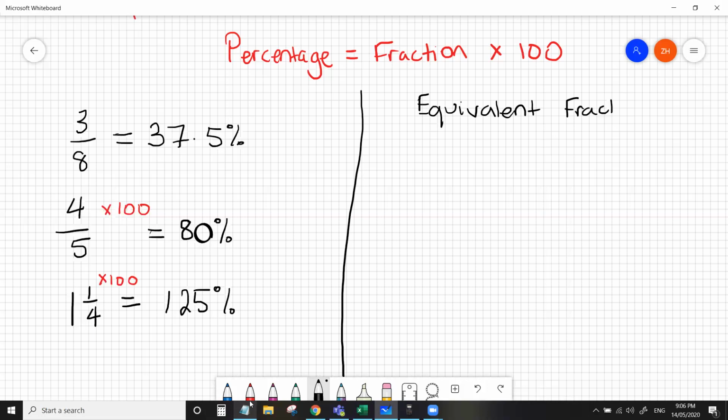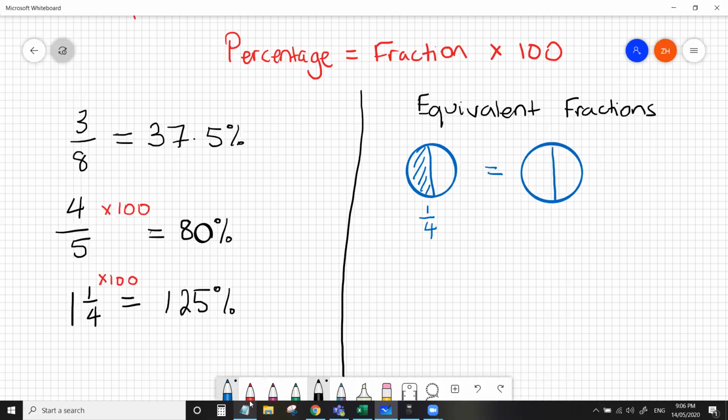Now, you might remember equivalent fractions are those ones that have the same value, but are represented by different numbers. So a quick example of that would be if I took the fraction 1/2, it is equivalent to the fraction 2/4, because I've shaded the same amount of space of my whole.